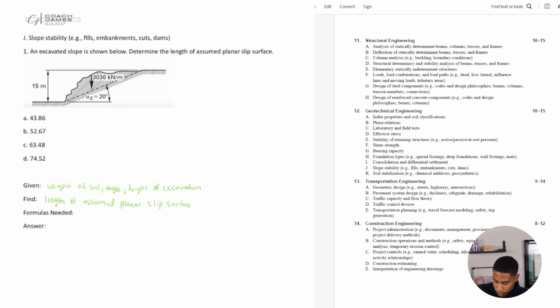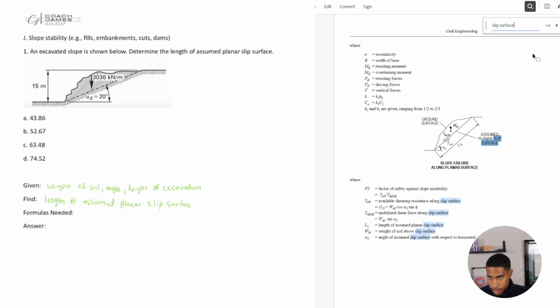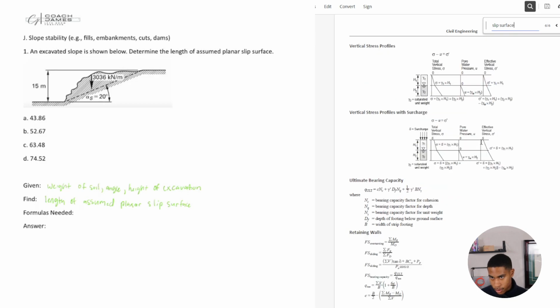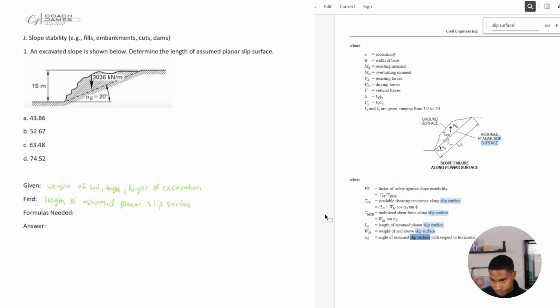All right, so I'm just gonna look up planar slip surface. Maybe I just need to do slip surface, see if anything comes up. Slip surface, 16 come up, just not too bad. Okay, and they all look like they're on the same page. So this looks like where I need to be, we're in the geotech section.